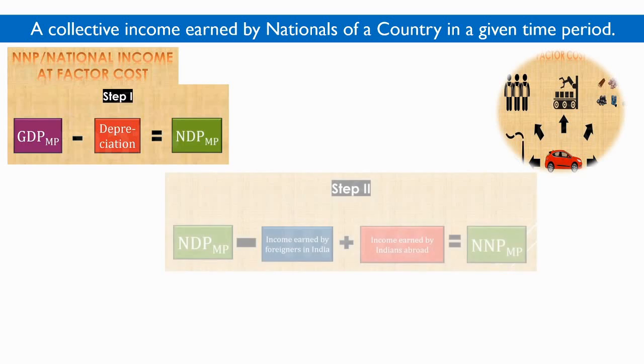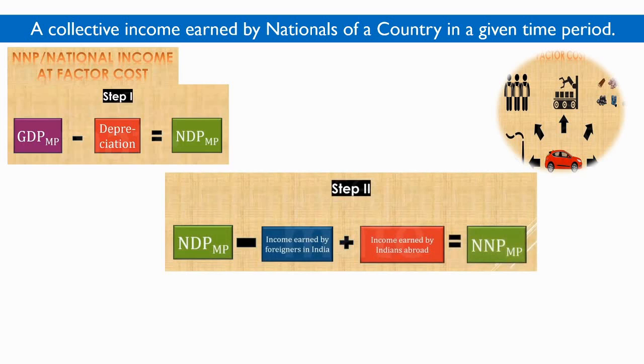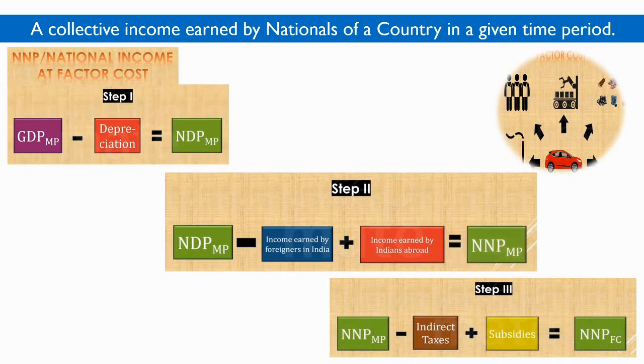In the next step, NDP at market price minus factor income earned by foreigners in India plus factor income earned by Indians abroad is equal to NNP at market price. Then finally, NNP at market price minus indirect taxes plus subsidies is considered as NNP at factor cost. Hence, we consider NNP at factor cost as the standard measurement to describe national income. So, NNP at factor cost is nothing but the net national income.